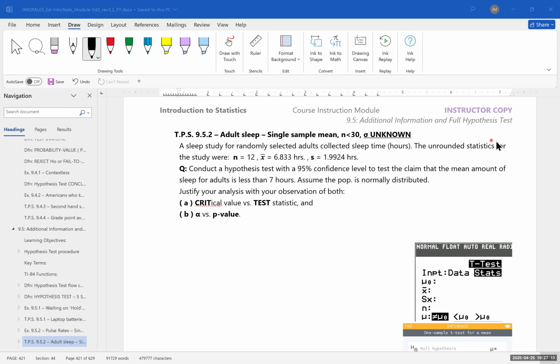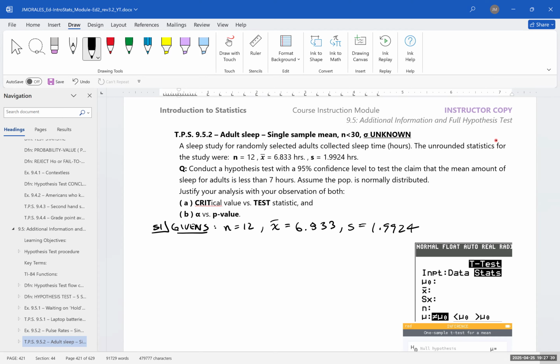All right, so let's begin. Step one, identify our given information. The unrounded statistics. Okay, so this one, a lot of it was just handed to us. We didn't really have to interpret what was written into anything else, so that's kind of nice.